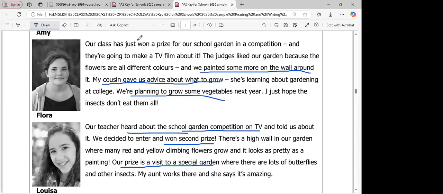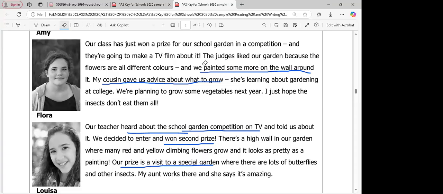Not that. Okay, I already underlined. We painted some more on the wall around it.